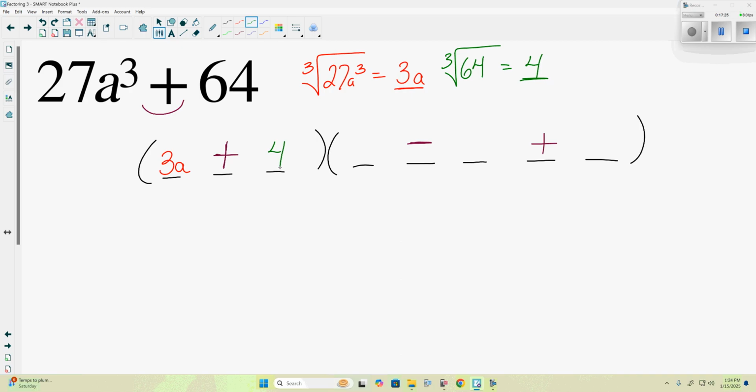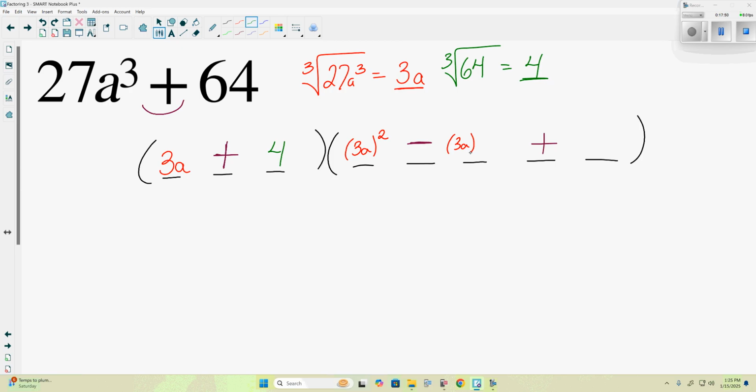In the bigger one, we'll start with our 3a. And our first spot is going to be to the second power. In the middle, it's going to be to the first. And the last one, it's technically to the 0, but we're not going to write it because it's going to become 1 and multiply out.